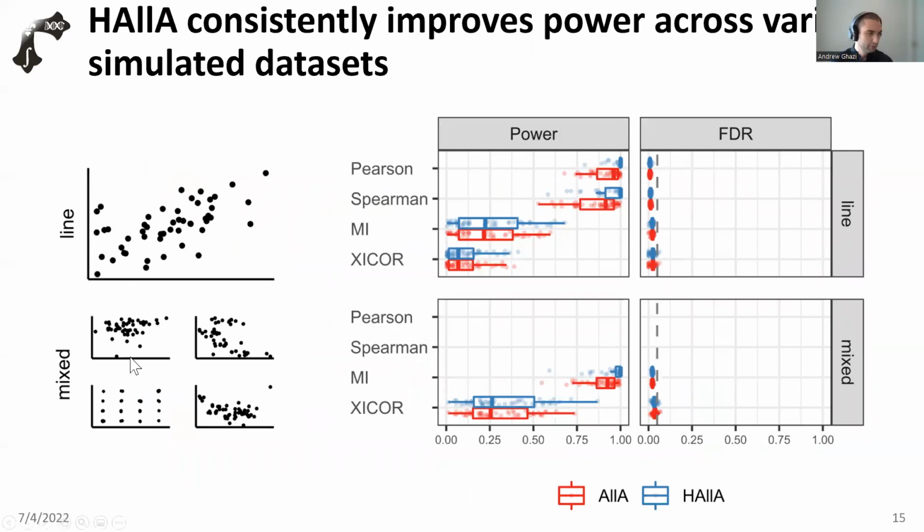And we simulated across varying types of association structures. So data sets where the individual observations were just real valued and showed linear associations within the blocks, and more realistic data sets where we have mixtures of association structures along with categorical data and missingness.